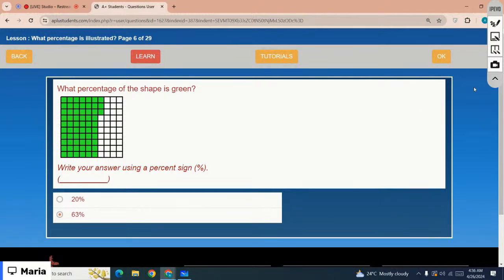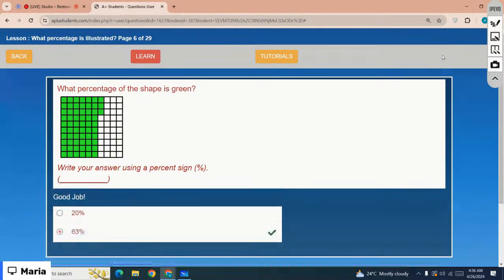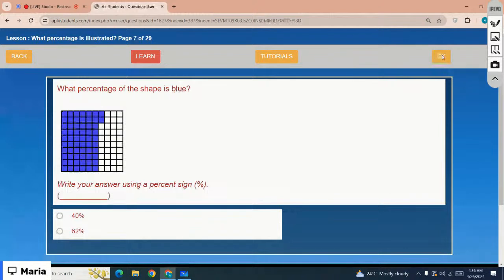Yes, 63% it is. What percentage of the shape is blue? 62% it is.